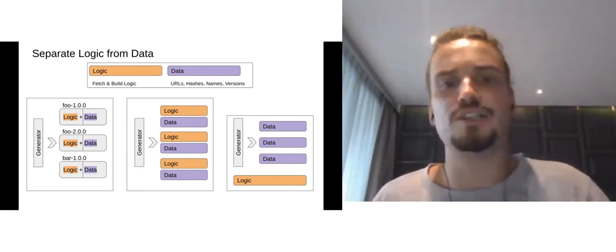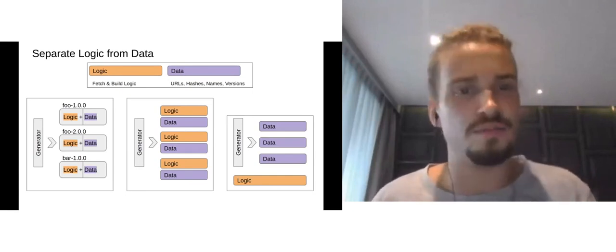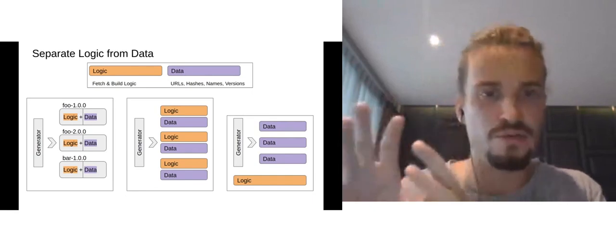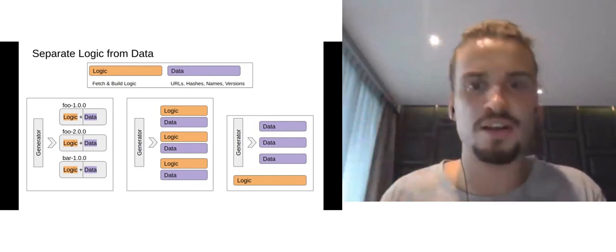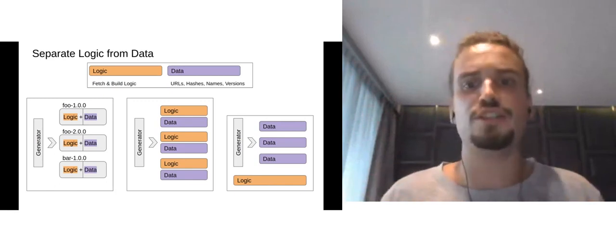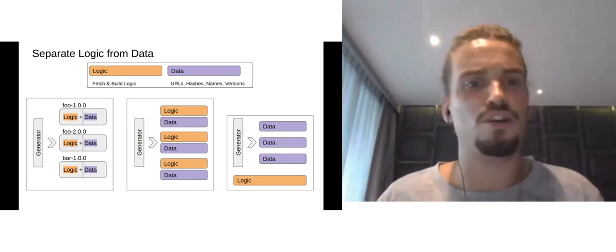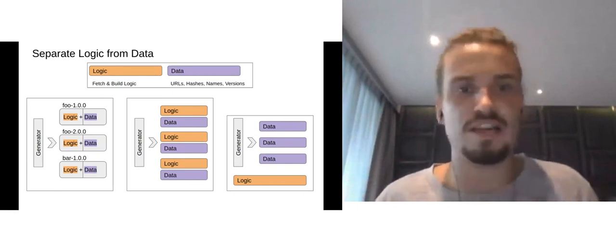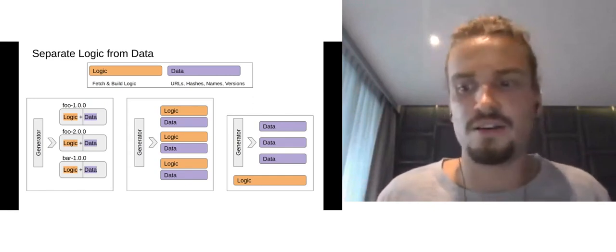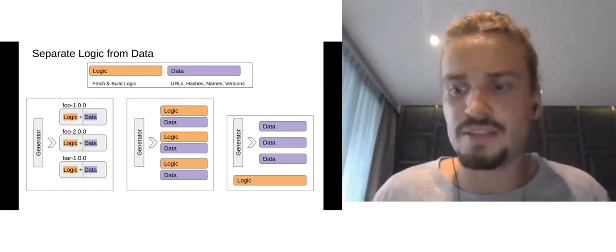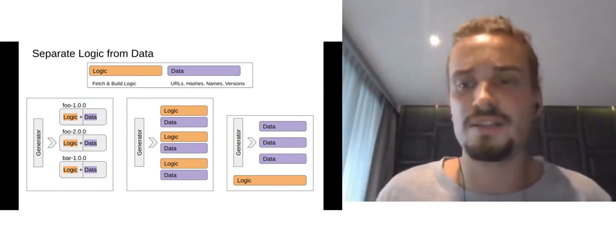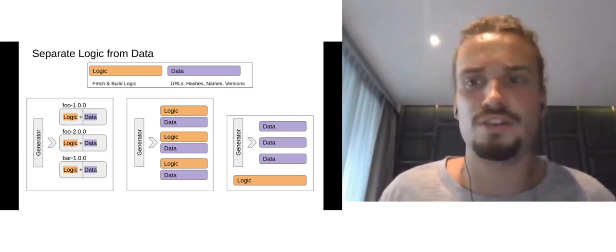It's much easier to analyze the relations between packages and to write programs that work with this code in the repository and can analyze it and modify it. It's much easier to build automation on top of this because JSON can be read by any programming language easily and also modified. It also makes it easier to fix bugs or make improvements because we have the logic only in one place.